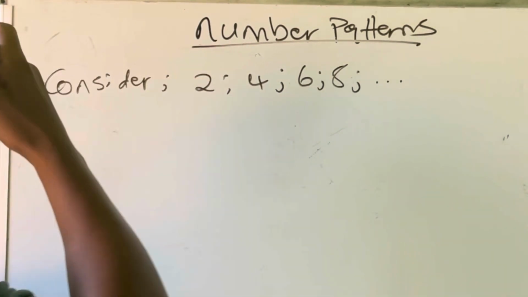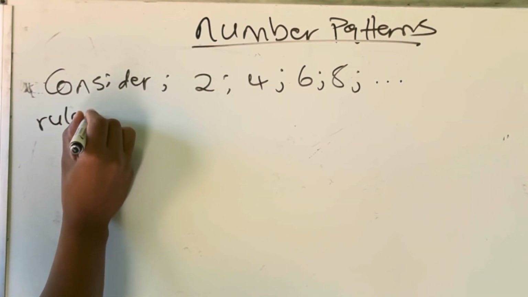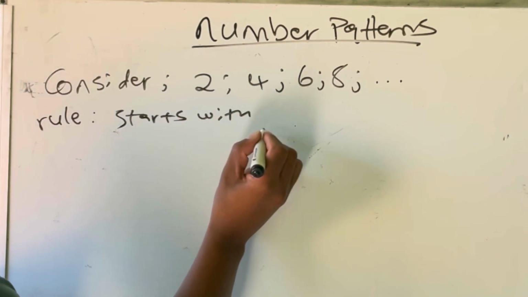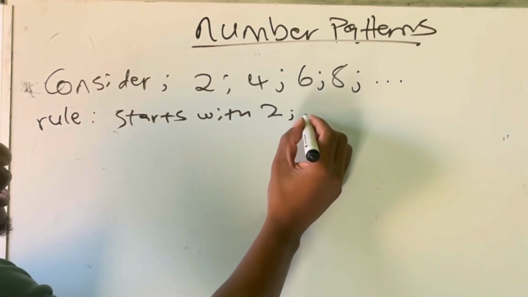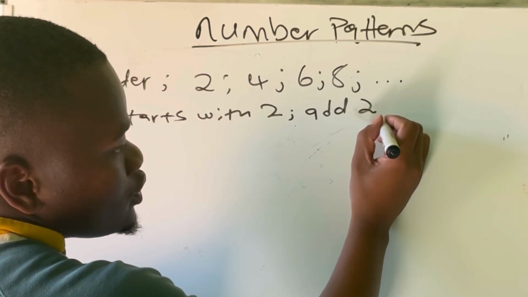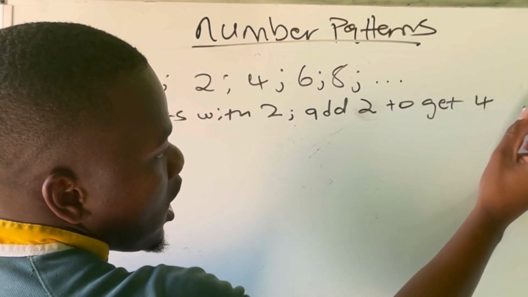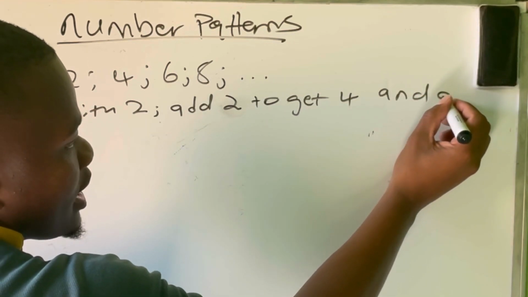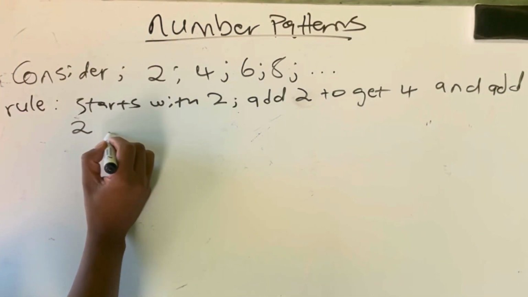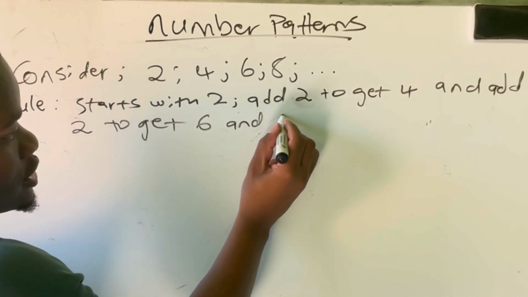So what you can say here, the rule you say starts with 2, and then you add 2 to get 4, and you add 2 to get 6, and so forth.